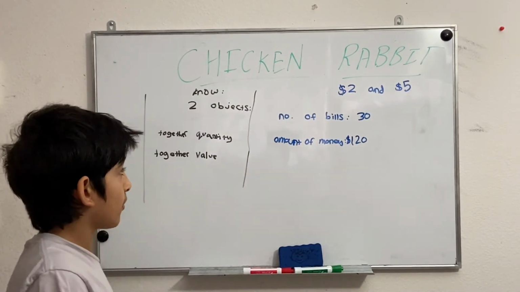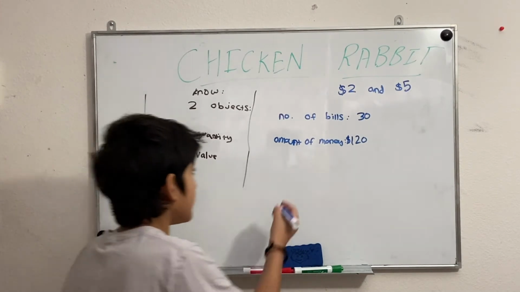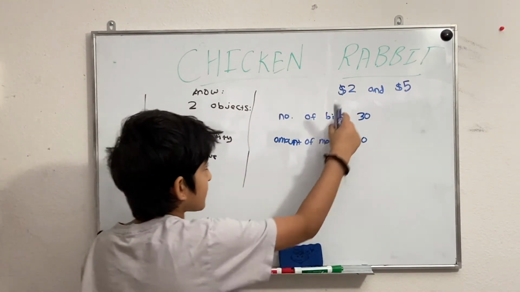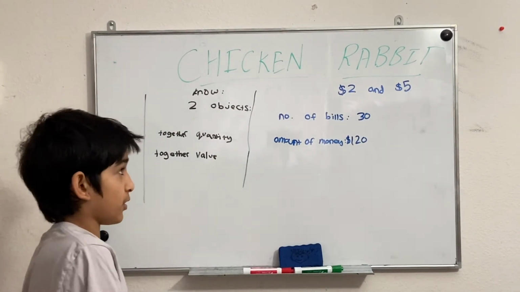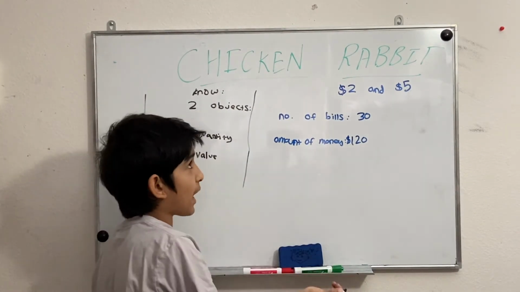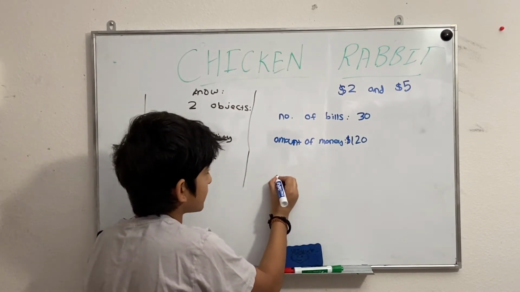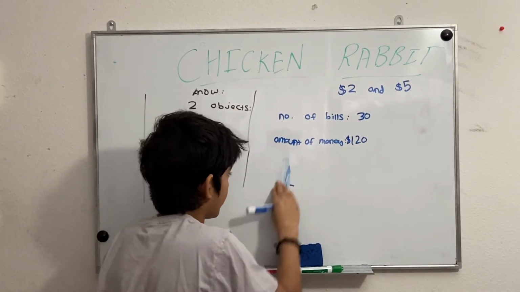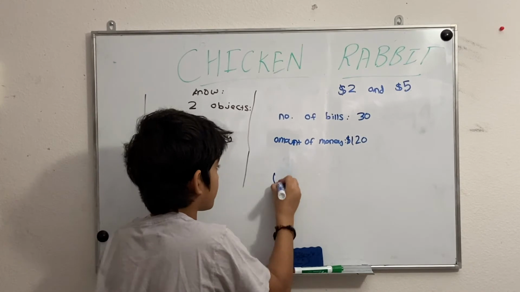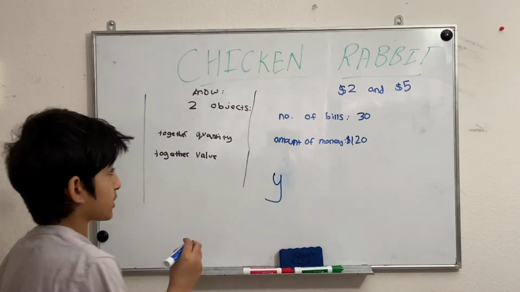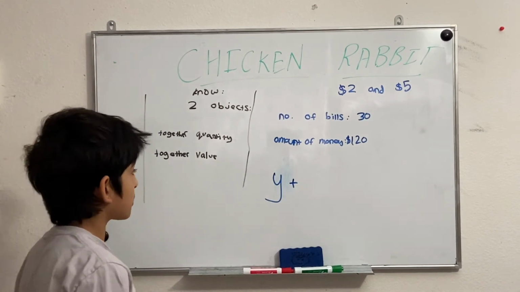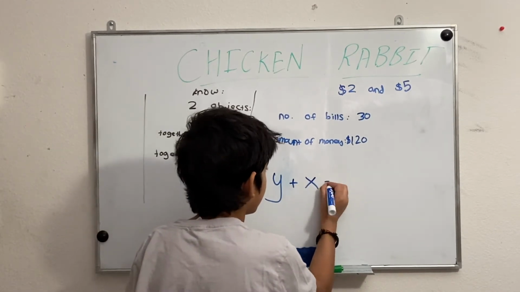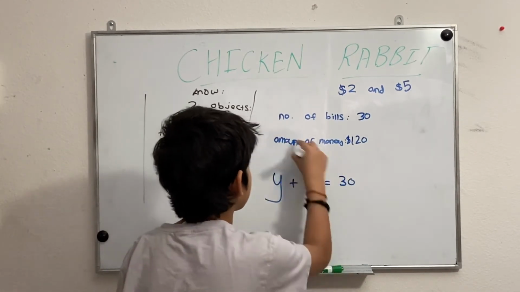Okay, now in the algebraic way, the other way, what we're gonna do is replace the amount of $2 bills and the amount of $5 bills. So let's call that, let's say, Z, or actually Y, so we don't get mixed up with 2 and Z. Okay, so Y plus the amount of $5 bills, let's say that's called X, is equal to 30, as you can see here.